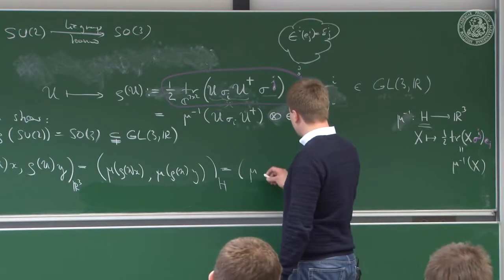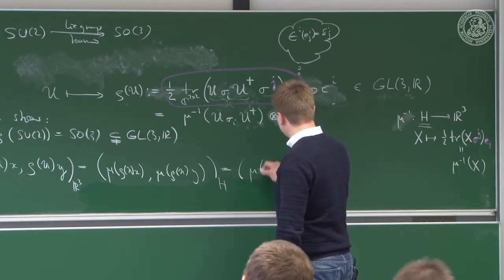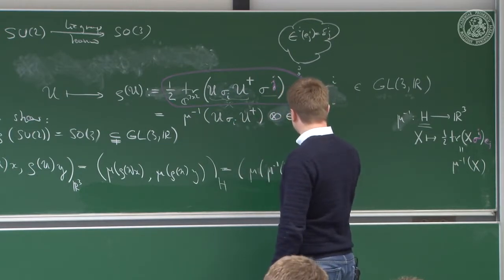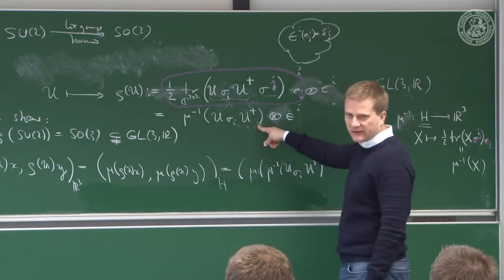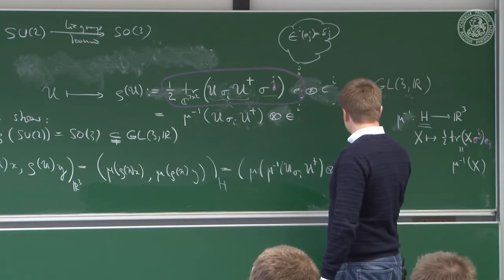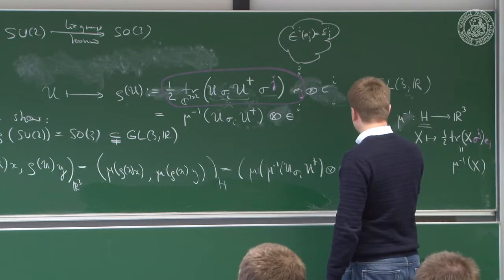It's mu of mu inverse, so let's calculate this, of u sigma I u dagger, that correctly ends here, tensor epsilon I on x, close bracket.